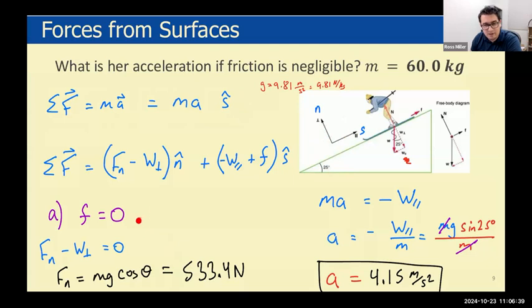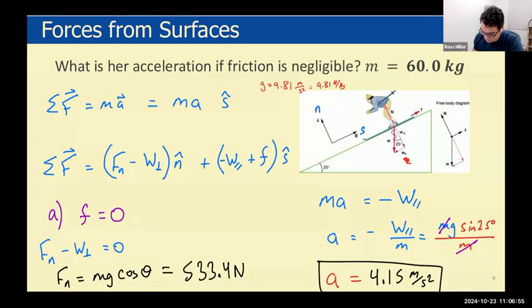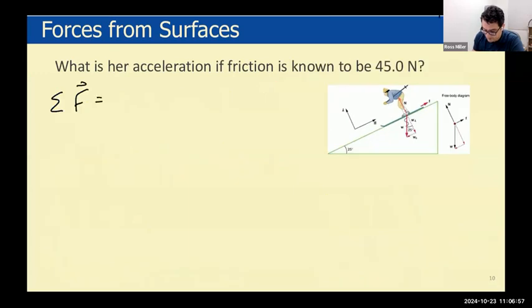Okay, what if f isn't 0? Because here, I don't have to know a whole lot about f. I just, oh, it's 0, perfect. Okay, so let's redo that. I can say the same thing. I can literally start from the same spot. It's Fn minus weight perpendicular n hat.